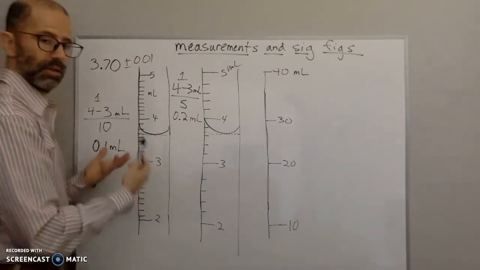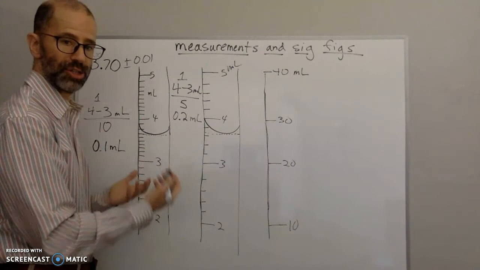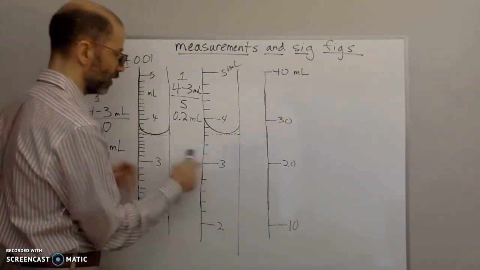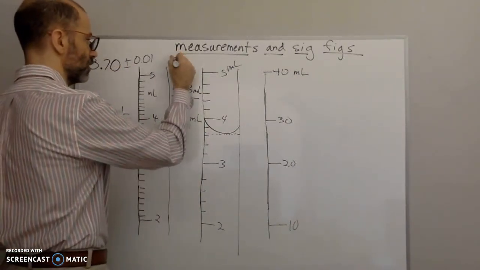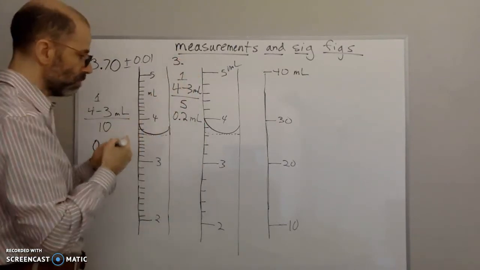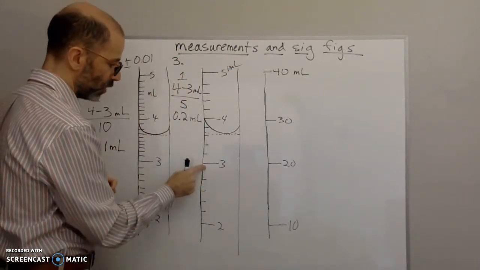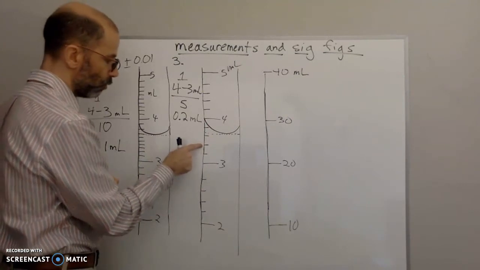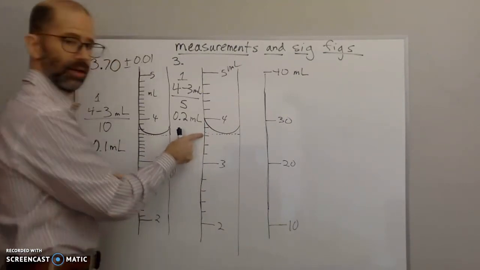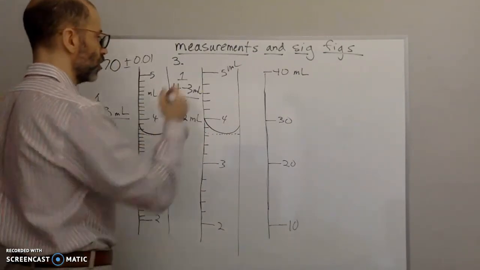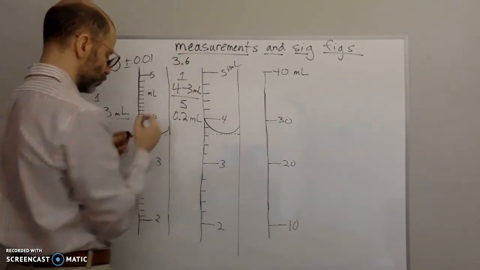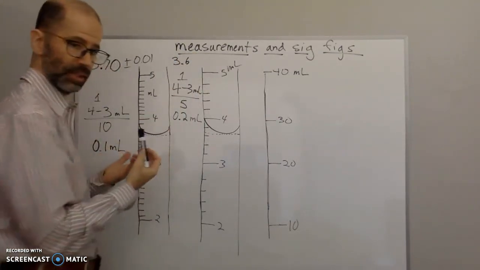So again, we're going to figure out our certain digits. So we have 3. 3 again is certain, so that's a certain digit, 3. And then we can do 3.2, 3.4, and 3.6. So we know 6 for sure. It's above 6.